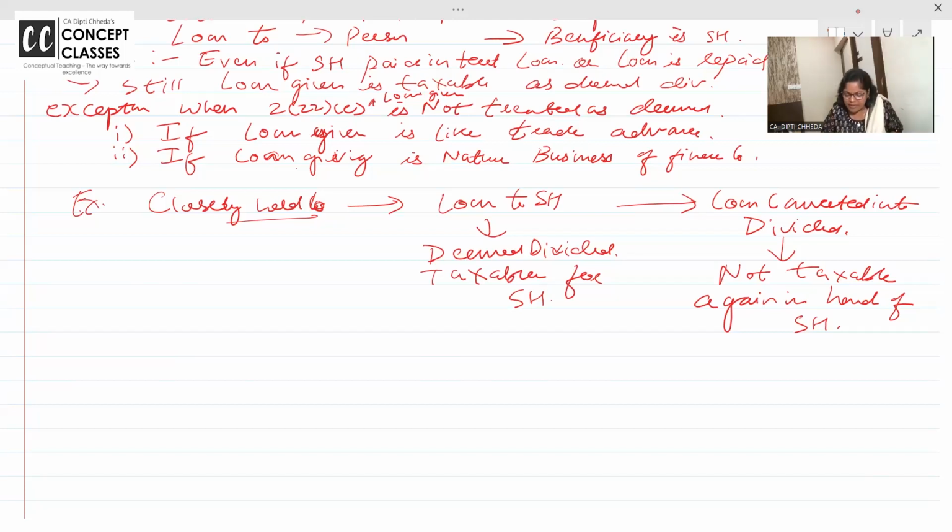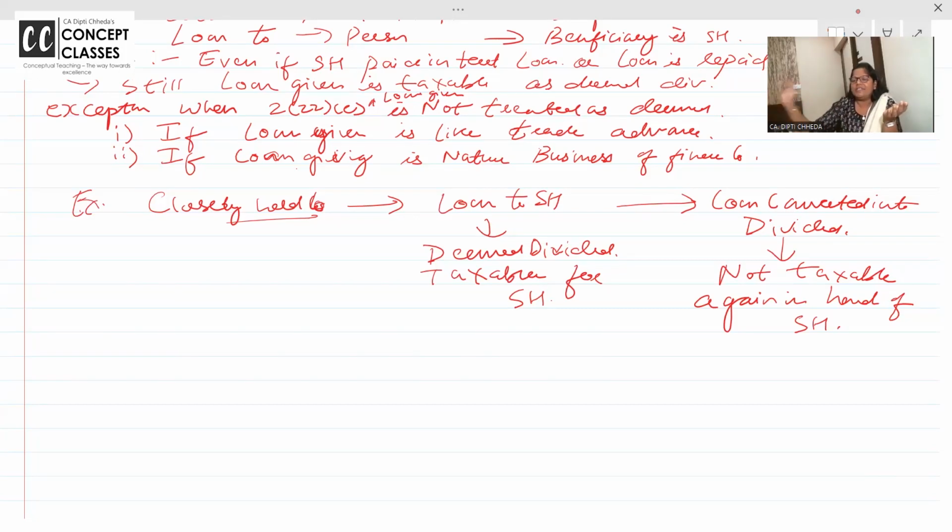Afterwards, company converted the loan only into dividend. Company said, shareholder, we gave you loan, 10,000. Now to other shareholders, we are giving dividend. To you, we are not giving dividend. You convert your loan only into dividend. मतलब आप हमको लोन वापस मत दो, ये हमारे तरफ से dividend समझ के you keep it. Don't repay the loan back.